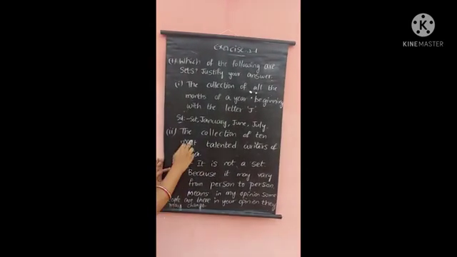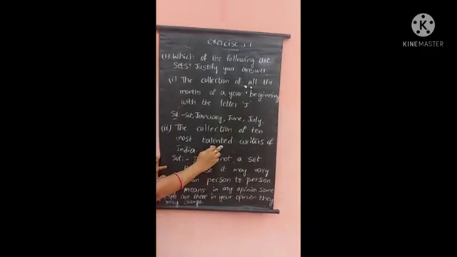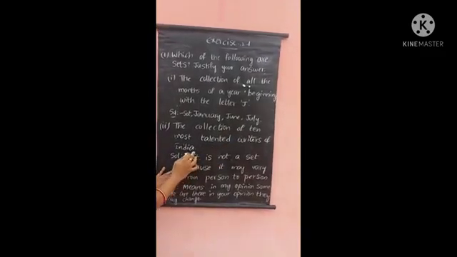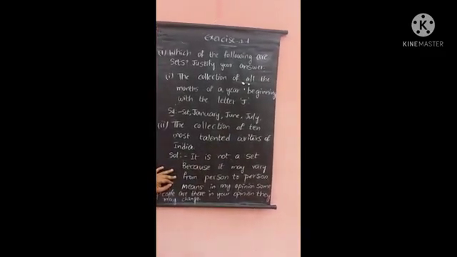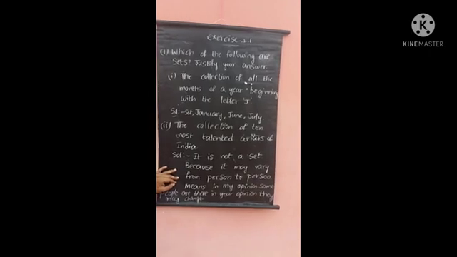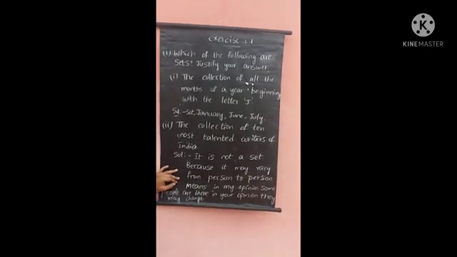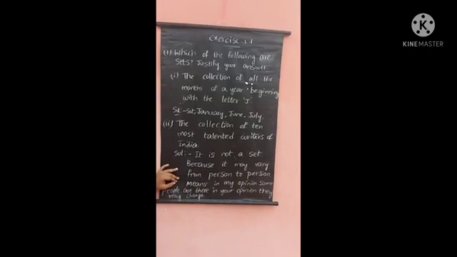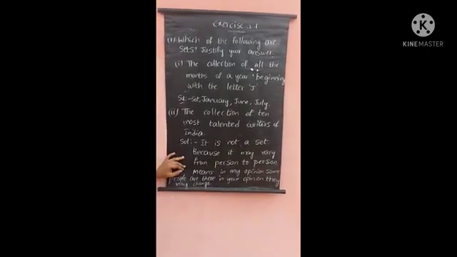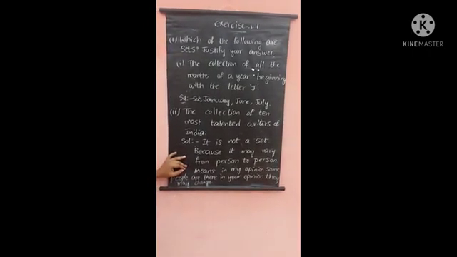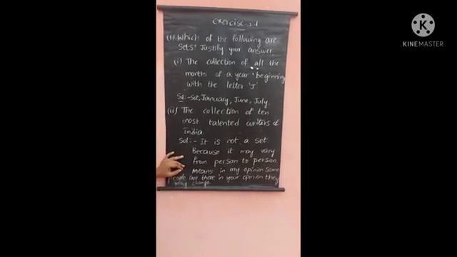See the second one, the collection of 10 most talented writers of India. Is the collection of most talented writers in India a set or not? We have to decide. It is not a set. Why? Because here the condition is not clear. That is not well defined.